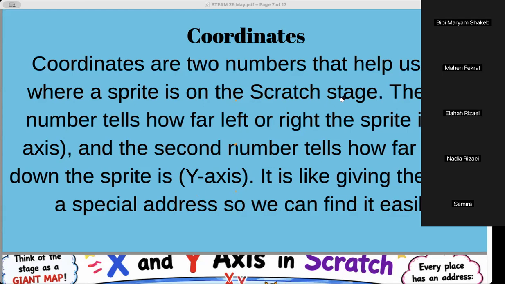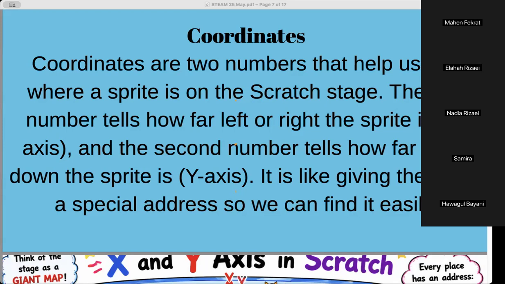Coordinates are two numbers that help us find where a sprite is on the Scratch stage. The first number tells how far left or right the sprite is, x-axis.